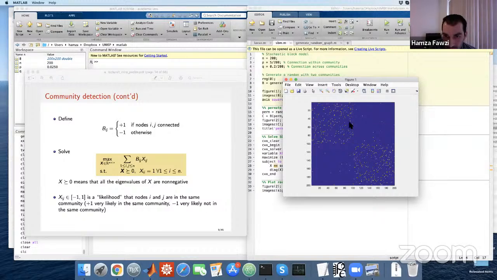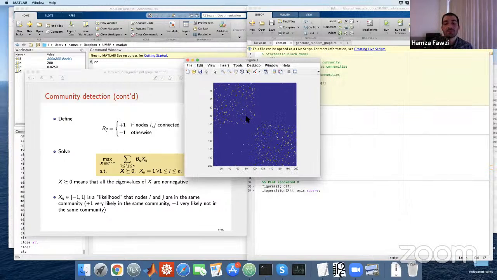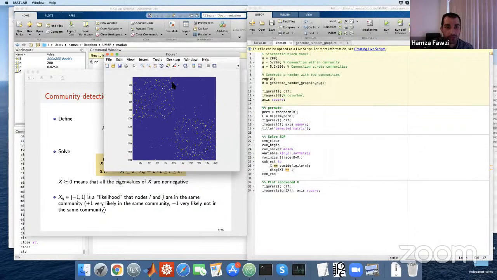You can see that edges between nodes in the same community are much more frequent than edges across communities. So obviously, if someone gives you this plot, it's very easy to see what the two communities are, but this is because the nodes are arranged in a certain way that we can see it very well visually.